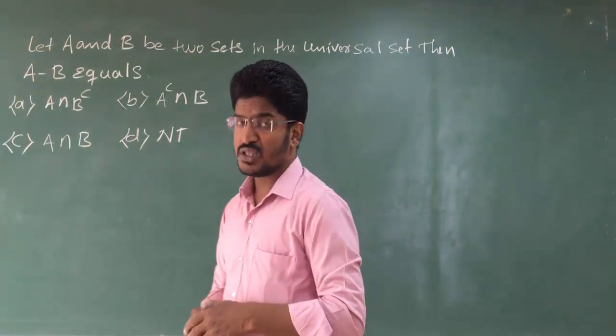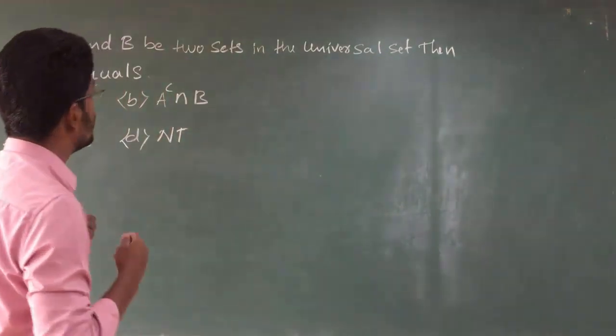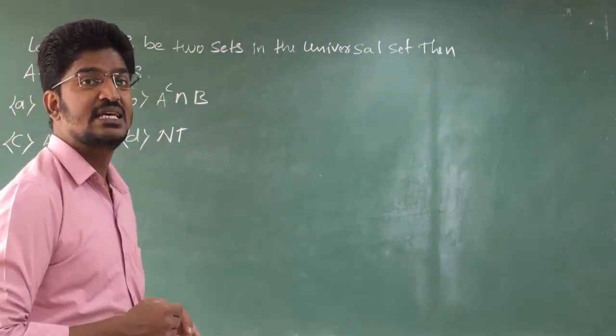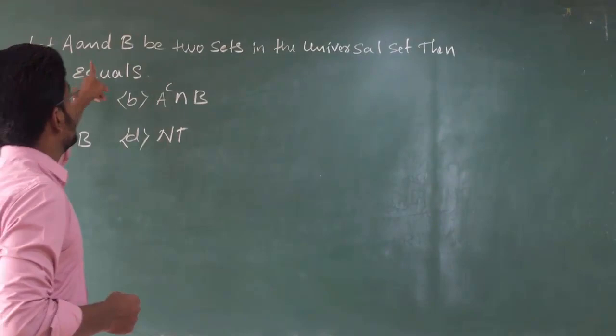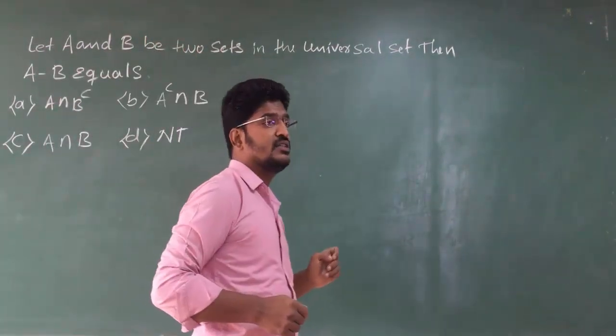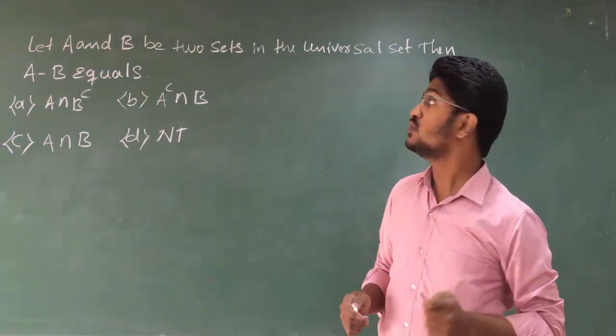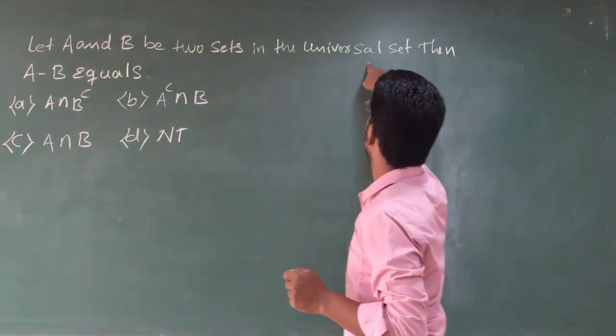In this, let us see what they are telling and what they are asking from us. Let A and B be two sets. That means A and B are two sets in the universal set.